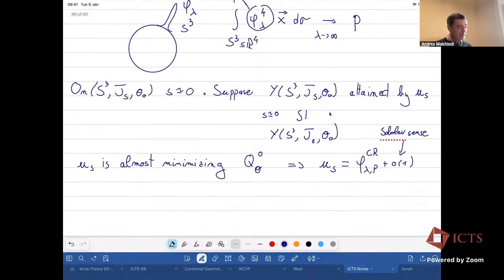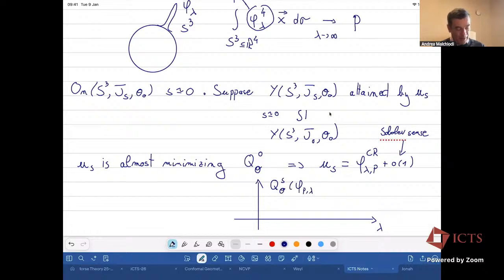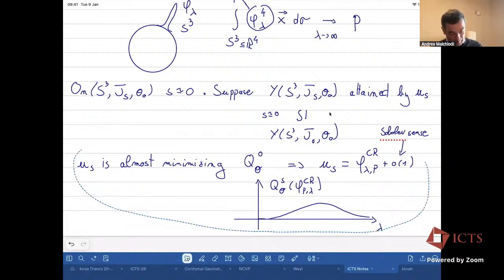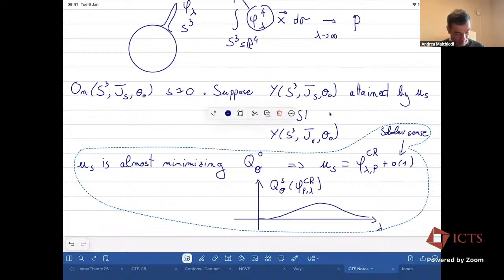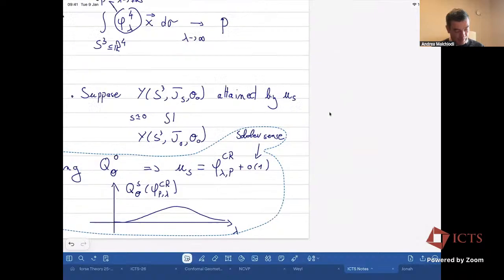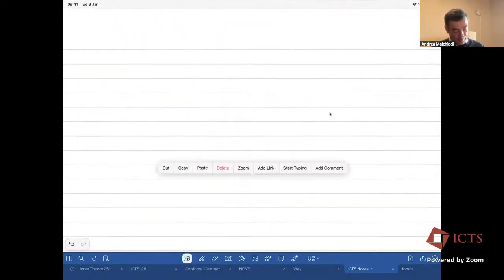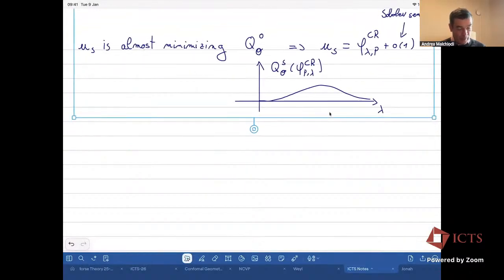But on the other hand, you can prove that by a Taylor expansion, if you expand the Yamabe quotient Q_S theta of phi P lambda CR, it actually goes up. It's actually higher than, maybe I should redraw the picture.